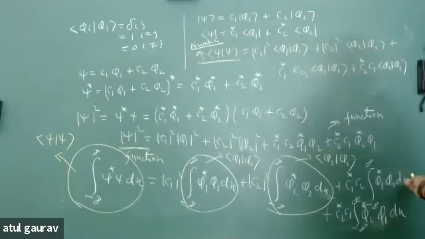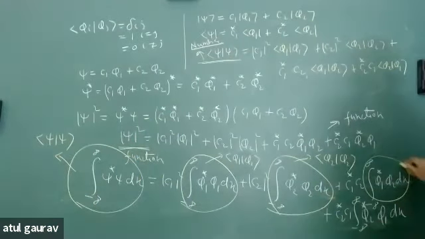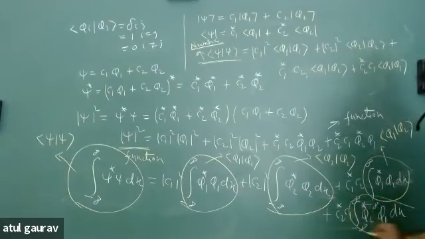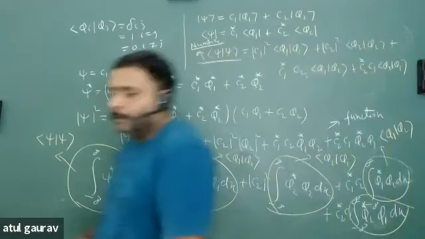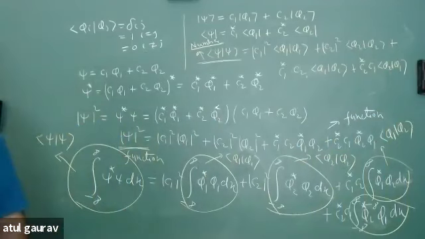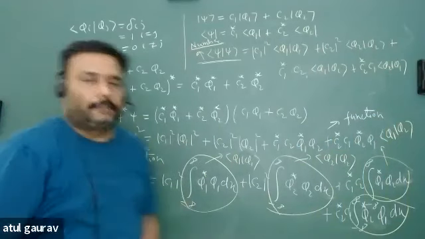And similarly, you can write this thing as <phi1|phi2> and this thing as <phi2|phi1>.